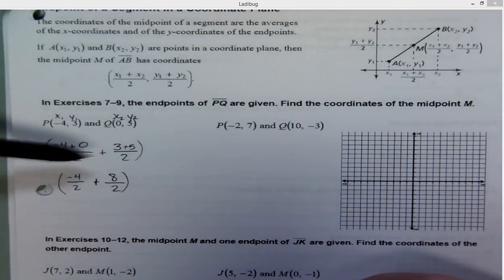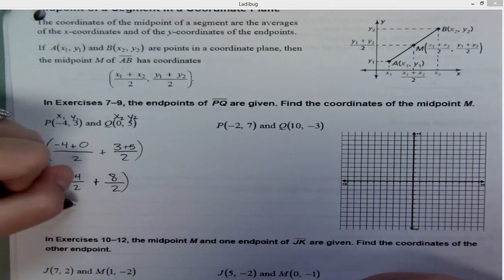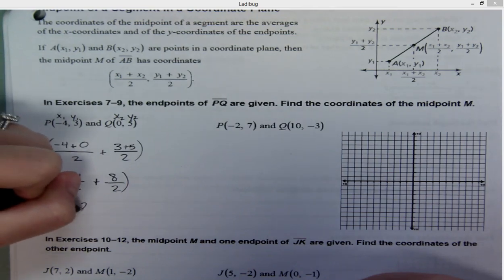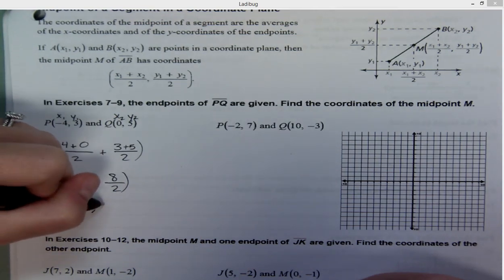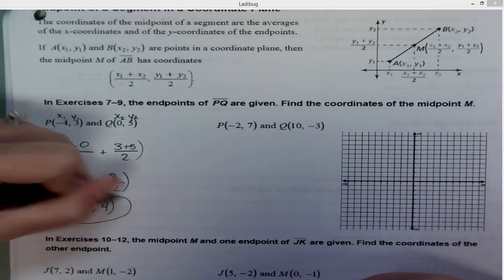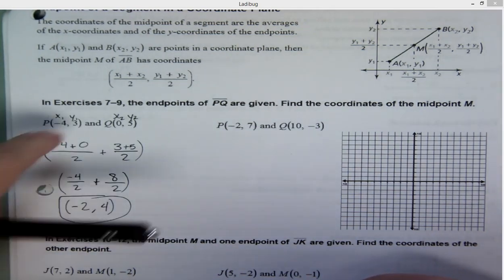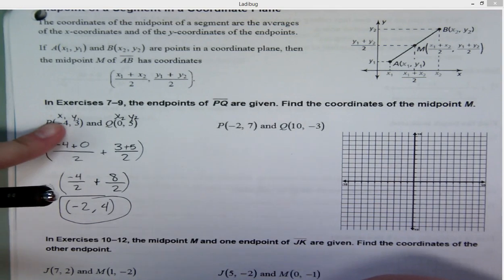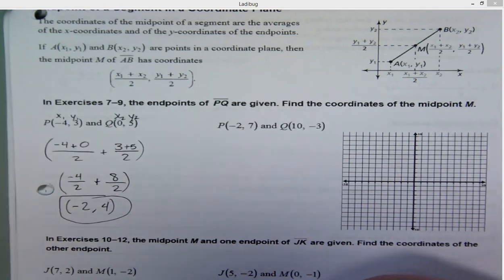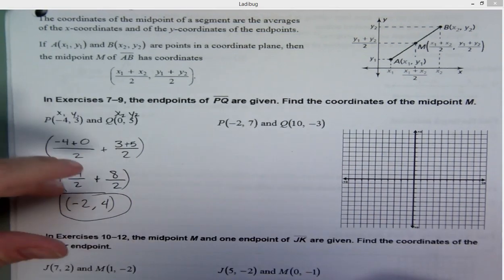So -4 plus 0 is negative 4, 3 plus 5 is 8. So we end with negative 2, 4. And that is our midpoint that is directly in between negative 4, 3, and 0, 5. That's our new midpoint. So this is just plugging it into the formula.